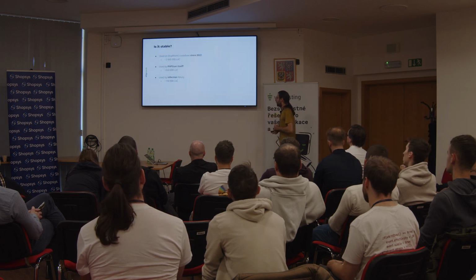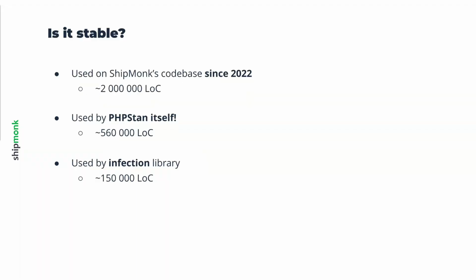So is it stable? We use it since 2022, which is 3 years now. And our code base is almost 2 million lines, which means basically anything that can be built in PHP in terms of all the inheritance chains and craziness that can happen, it happened already in our code base, and it's been beta tested because it works on our code base without a single false positive.